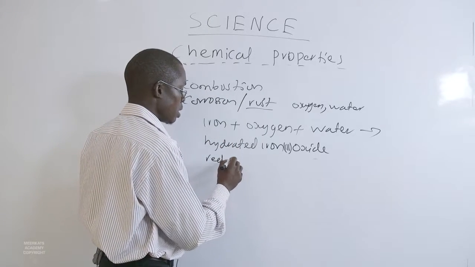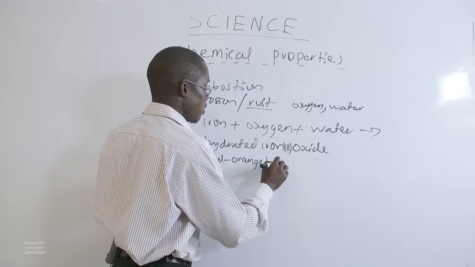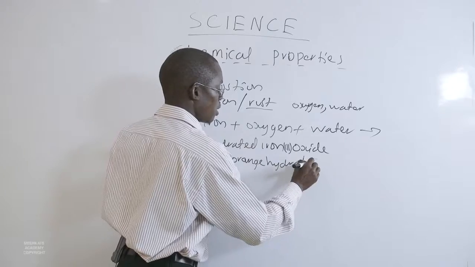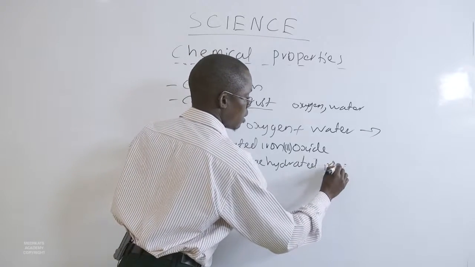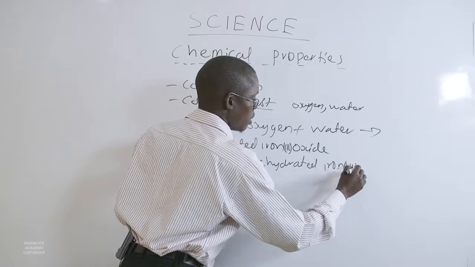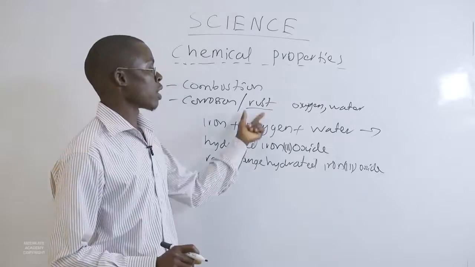Sometimes we call it red-orange, hydrated iron 3 oxide. So that is the correct name of rust.